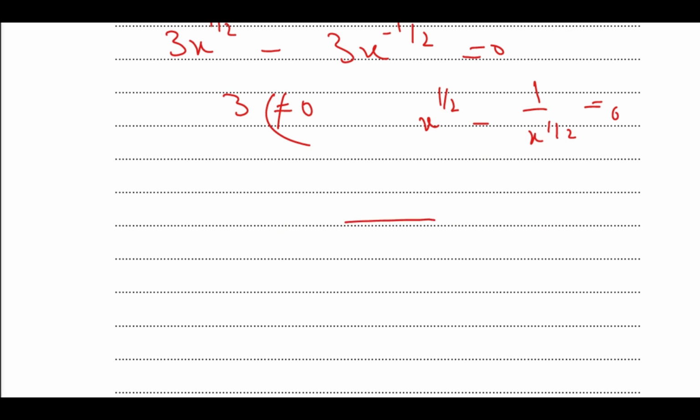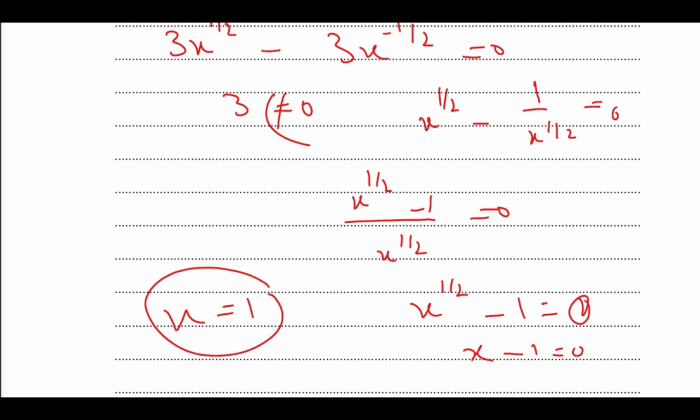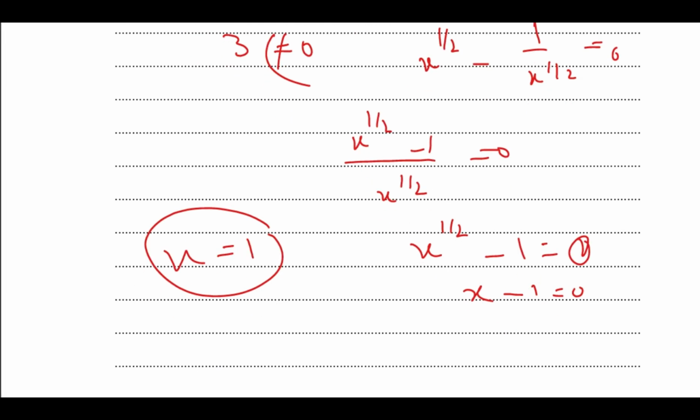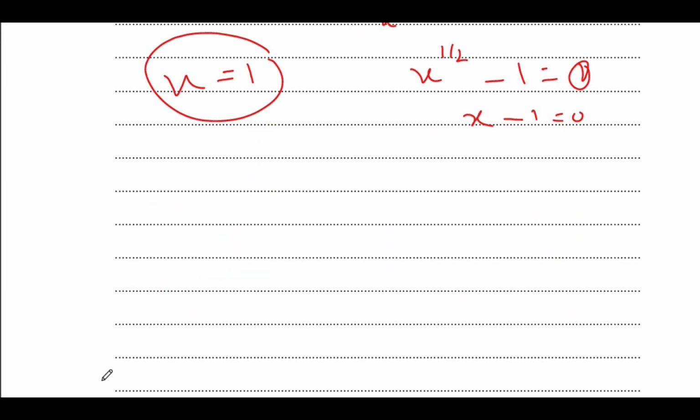From here we will take the LCM. x to the power half will be the LCM, and x to the power half minus 1 equals 0, so x minus 1 equals 0. So x will be equal to 1, which is our x coordinate.